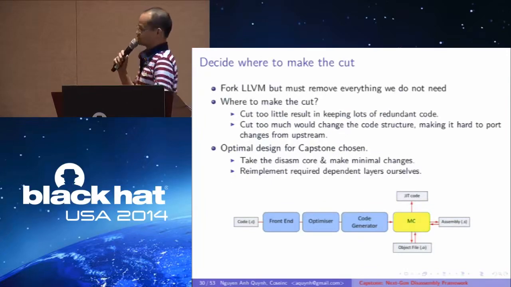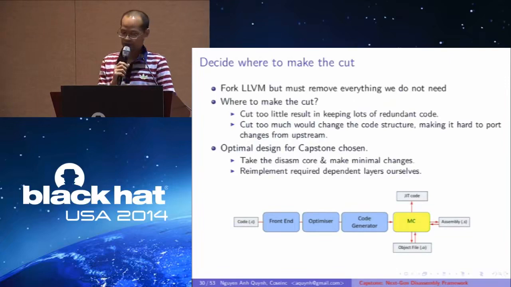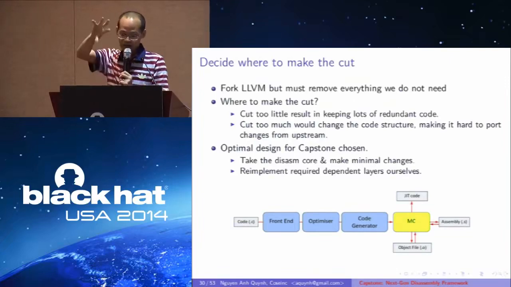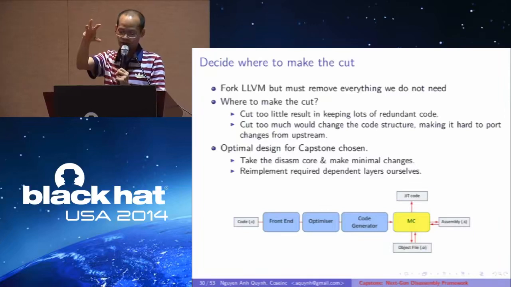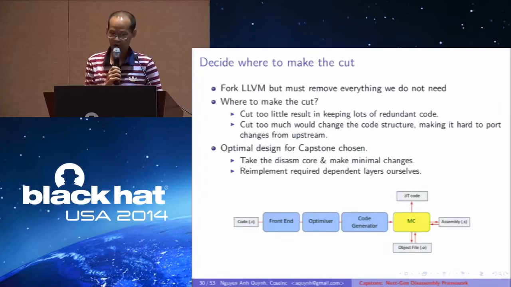So again, look at the picture, the MC layer. We fork LLVM, but we don't take everything, because if we take everything, we take on the dependent layer of MC. As a result, we take a lot of code, and a lot of code we don't really need. So we fork LLVM, but we must remove everything that we don't need, right?